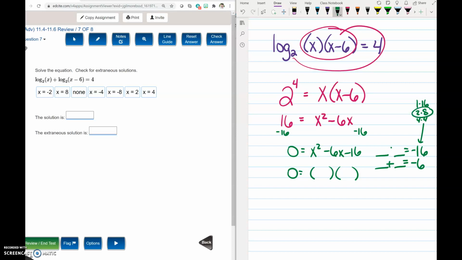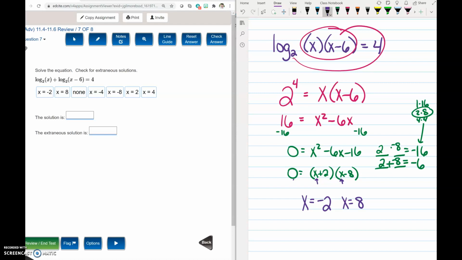If I did 2 and negative 8, 2 plus negative 8 is negative 6. So this is x plus 2, x minus 8, which means our solutions are negative 2, because negative 2 plus 2 would give us 0, and positive 8, because positive 8 minus 8 would give us 0.